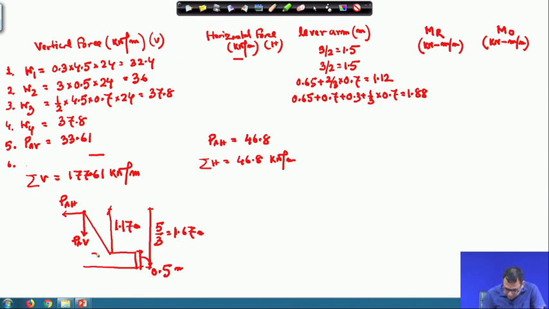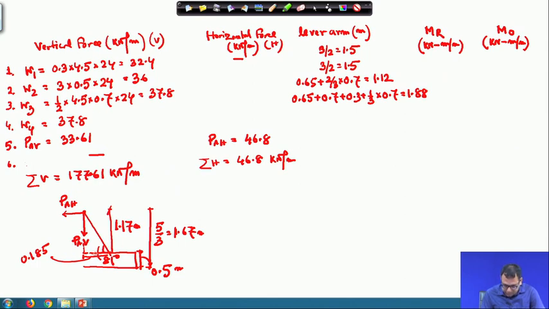So, I know this angle. This is 81 degree and this height is 1.17. So, I can determine this distance where it is acting. This distance is 0.185, because you know this height and you know this angle.